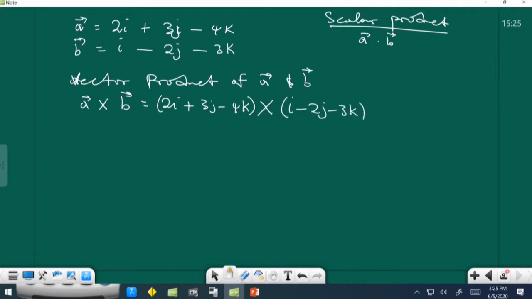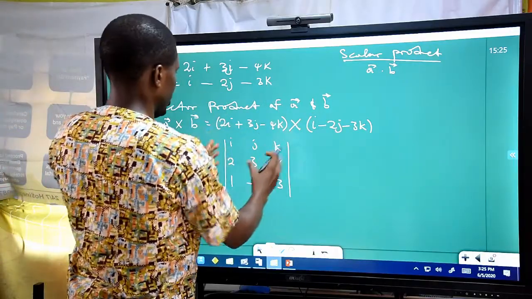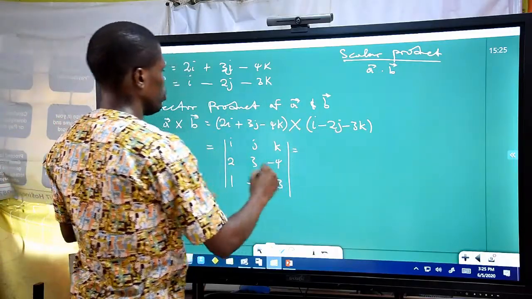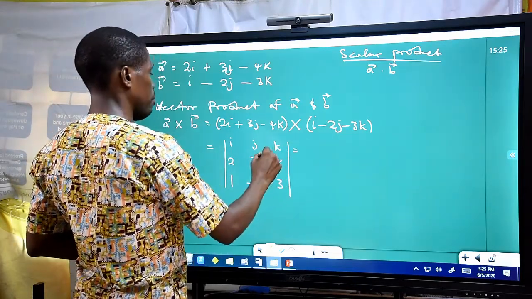And that is equal to the modulus of i, j, k. We take their coefficients: 2, 3, minus 4, and 1, minus 2, minus 3. You arrange this in this form and simplify using matrix analysis.